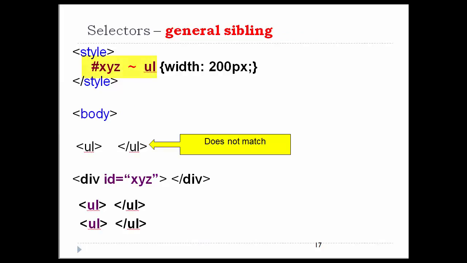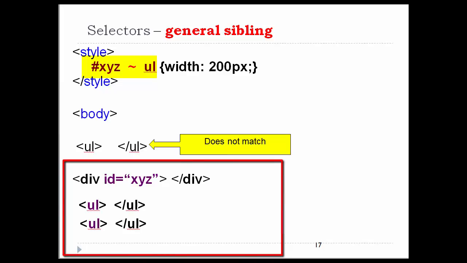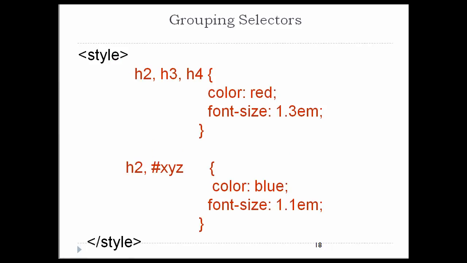A general sibling would indicate all of the siblings. However, when we look at the descendant selectors or sibling selectors, the starting point is always, in this case, the ID, which means that it refers to the siblings after that ID, not in front of it. You can also group selectors by commas, and any combination of selectors can be used.